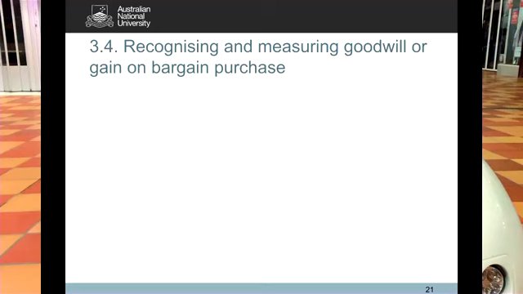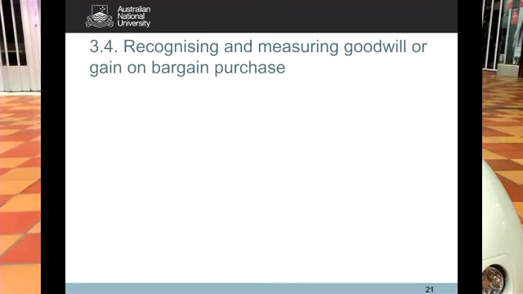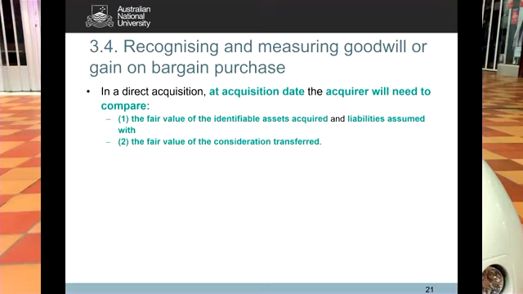And the fourth step, once we finish the assessment of all the fair value of assets and liability assumed, then we also know the fair value of what they acquire, and the fair value of consideration that the acquirer offered. Then the difference between them becomes either goodwill or the gain on bargain purchase.